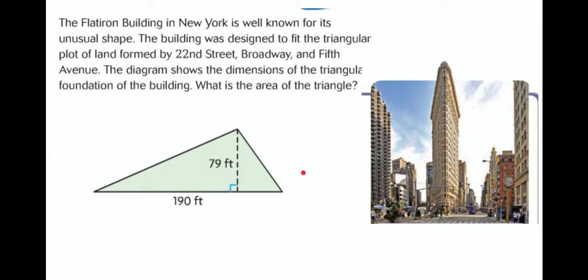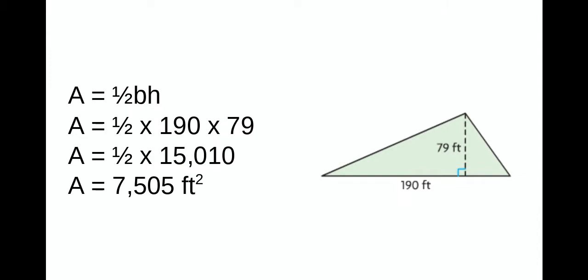So on your paper, hopefully you have a piece of notebook paper. If not, go fetch one. A calculator is a good idea too. First and foremost, you write down your formula: A equals 1/2 BH. Next up, we're substituting values. Now, I used x here. I know we said x was kind of a no-no, but on the computer, it's just so much easier to type a lowercase x than to find the floating dot or use some other thing for multiplication.